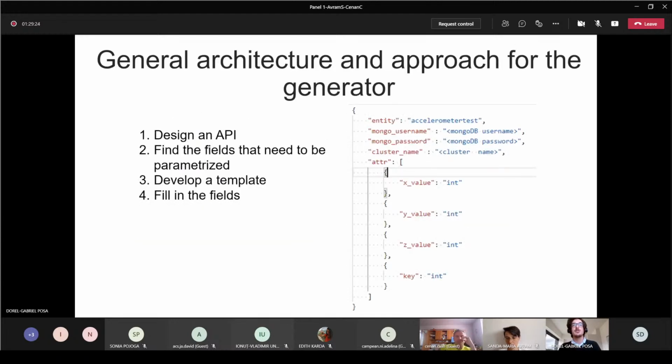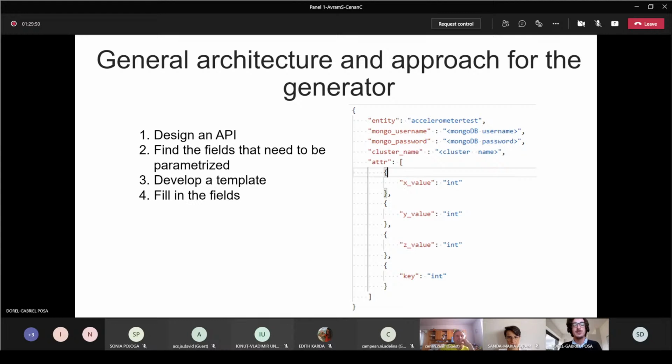The architecture for the generator. Well, the generator is an API that writes custom APIs based on a JSON structure. How it was designed is that, first of all, a basic API was designed. The fields that are based on the entity had to be found.